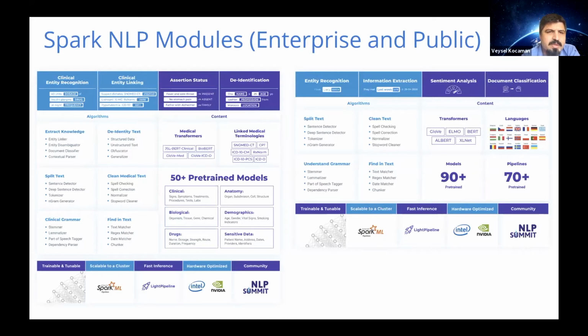So in Spark NLP clinical models, we have 4 main components, which we call clinical entity recognition, to extract some entities out of text. This is the main topic of today's talk, by the way. And the clinical entity linking; everything starts with NER in clinical NLP problems.